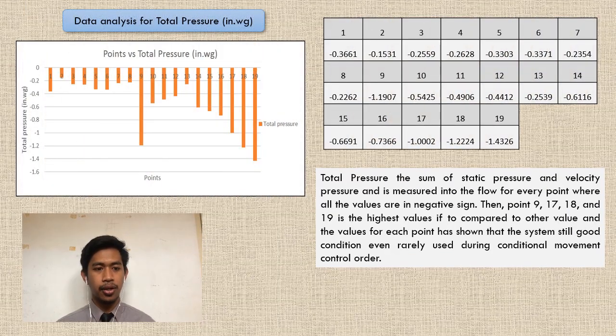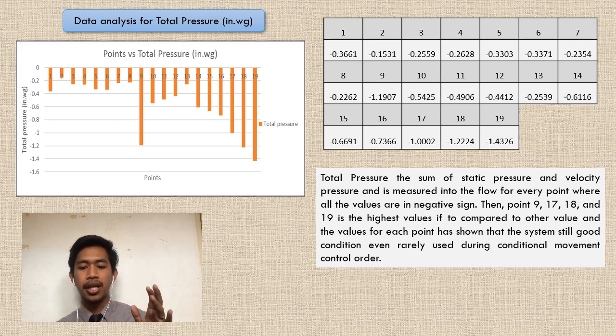For the last one of the result discussion, it is about the total pressure. So for the total pressure, almost all of the 19 points are good and must be negative values. The total pressure, the sum of the static pressure and velocity pressure, is measured in the flow at every point where all the values have a negative sign.